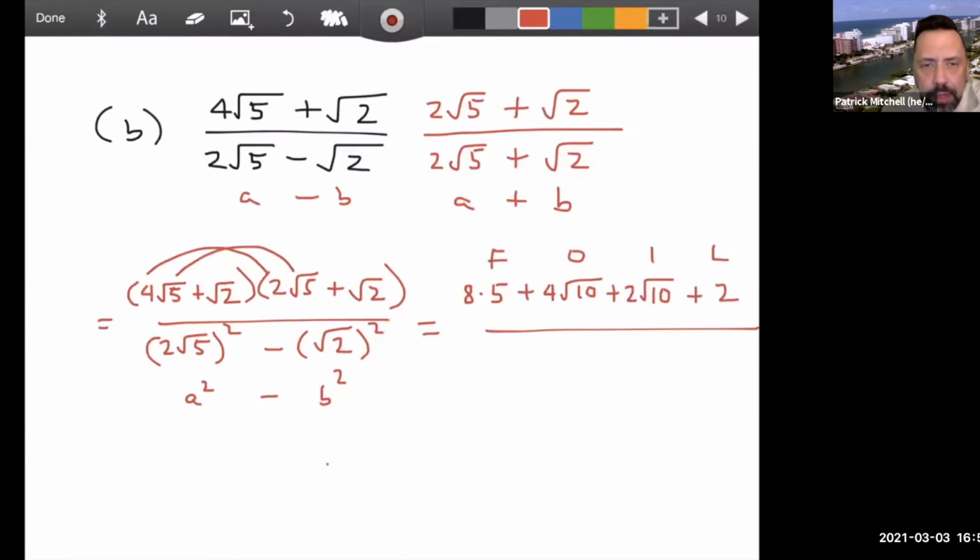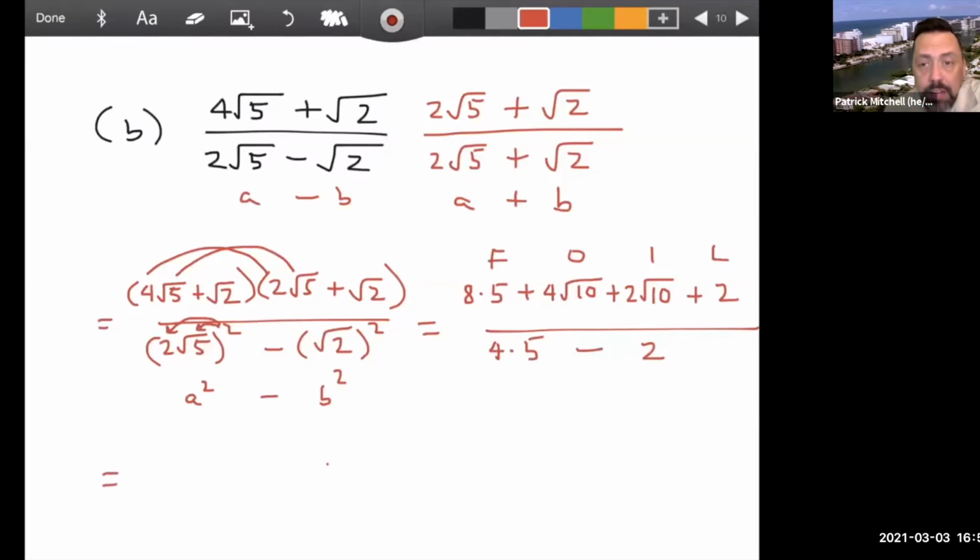All right, downstairs. The square of 2 square root of 5 would be 2 squared, which is 4, times square root of 5 squared, which is 5. And then, of course, the square root of 2 squared is just 2. All right, actually, I think we will get most of this done on just this slide.